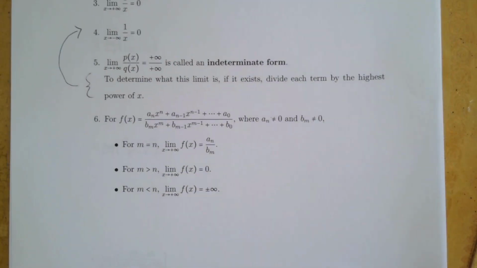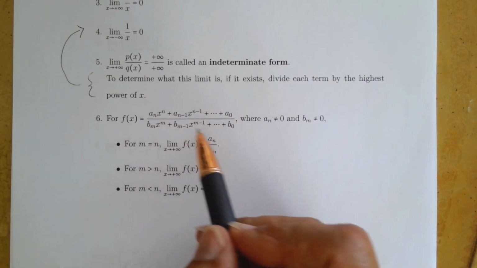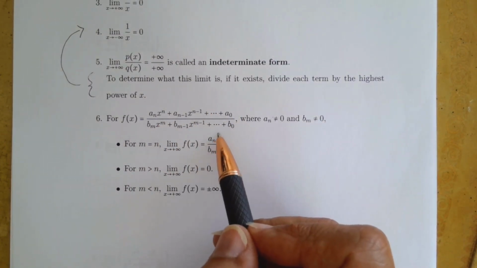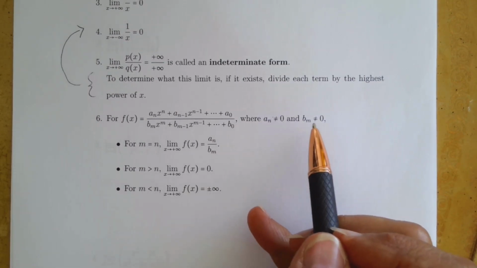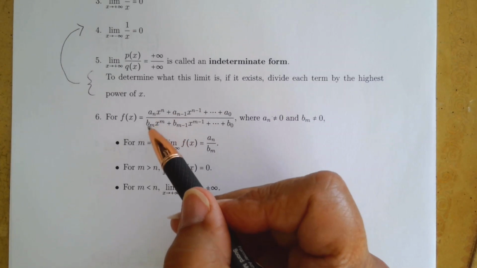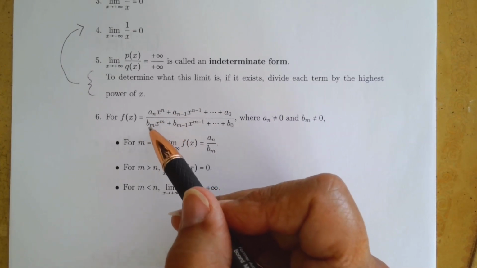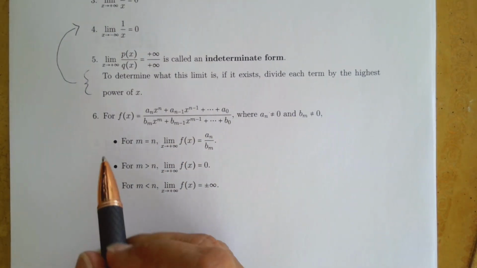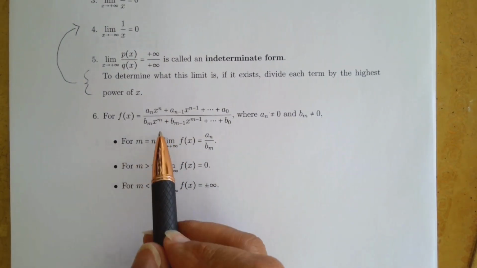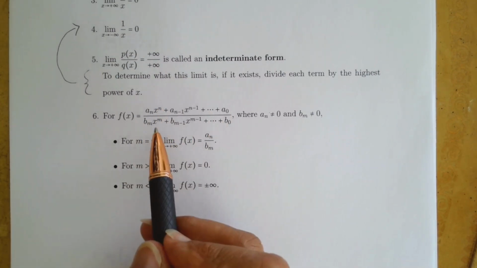All right, and then number 6 says for f of x equals, so this is a polynomial over a polynomial, where a sub n is not equal to 0 and b sub m is not equal to 0. So basically the coefficients of the highest power terms have to be numbers. Can't have 0 there. Then one of these 3 things is going to be true. Now remember, m and n are the exponents, the highest exponent in your polynomial.